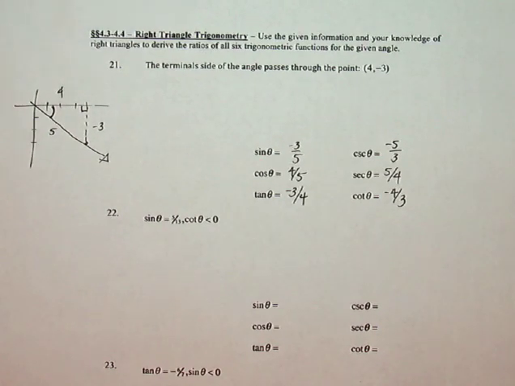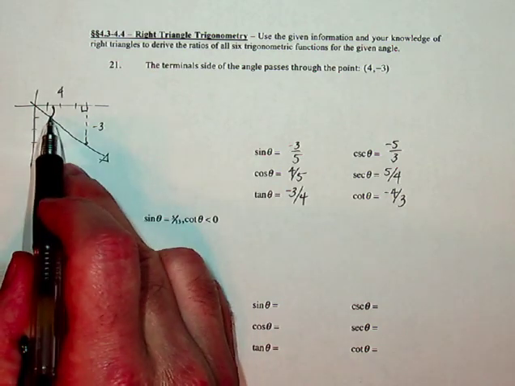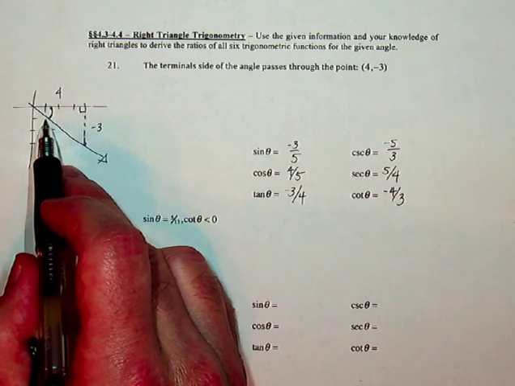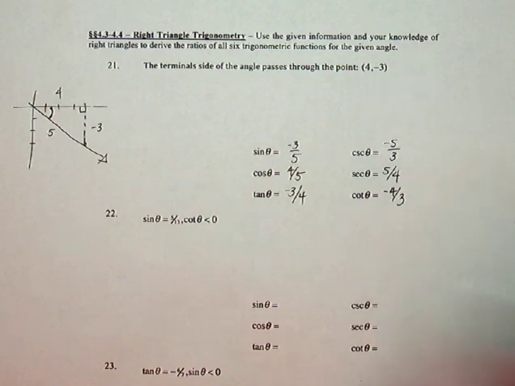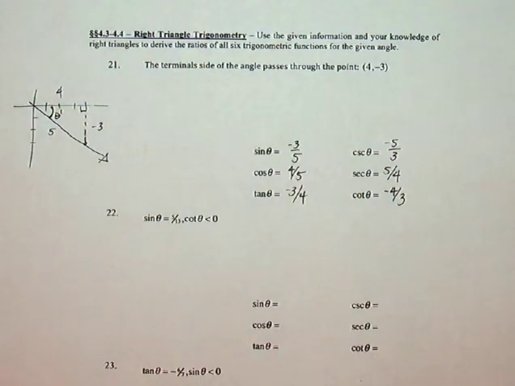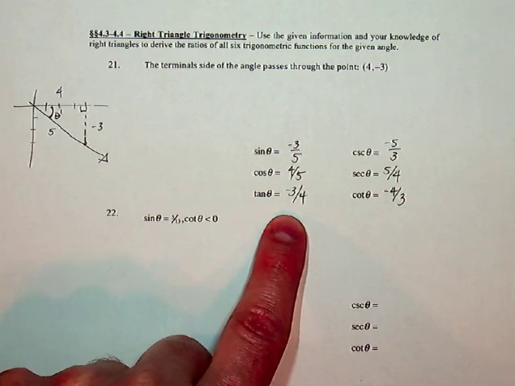No matter what angle you're talking about, whether this angle represents the true angle or simply the reference angle for the infinite number of coterminals that have this as their terminal side, it doesn't matter. That triangle, as it extends down into the fourth quadrant based upon reference angle theta prime, will give you these ratios every single time.